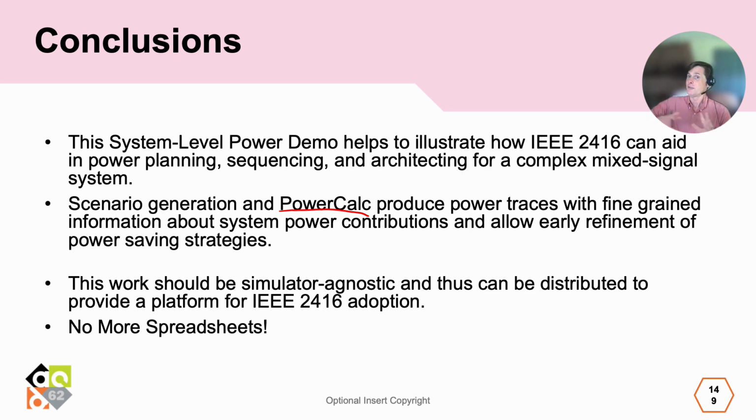And then if we want to create a power trace, we can take this combined system level real number model system and generate a VCD file and use this scenario generation mechanism to break it down into the instantaneous scenarios that would be needed to predict the power dynamically. That can be used then to explore different power strategies, power saving strategies, and is useful when architecting a system.